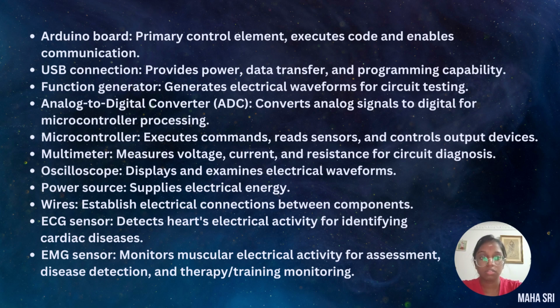It is connected to a computer via USB for power, data transfer, and programming purposes. A function generator produces electrical waves for circuit testing. Analog signals are converted to a digital value using an analog to digital converter (ADC) for processing by the microcontroller.